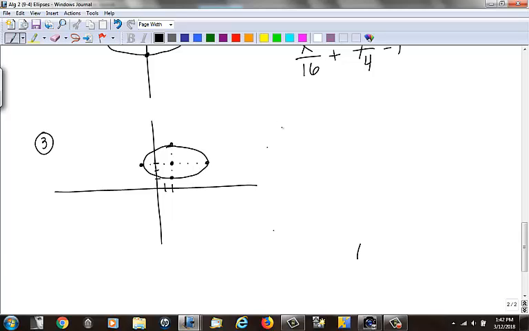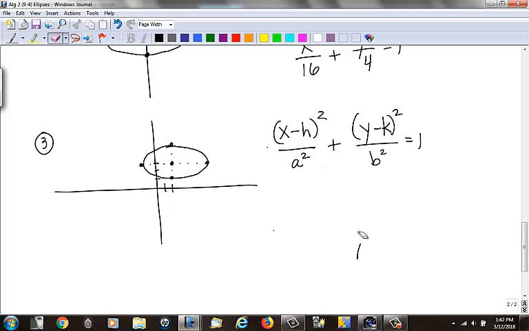The main formula if you're going off center is x minus h quantity squared over a squared plus y minus k quantity squared over b squared equals 1. The center, instead of being 0, 0, is h, k.